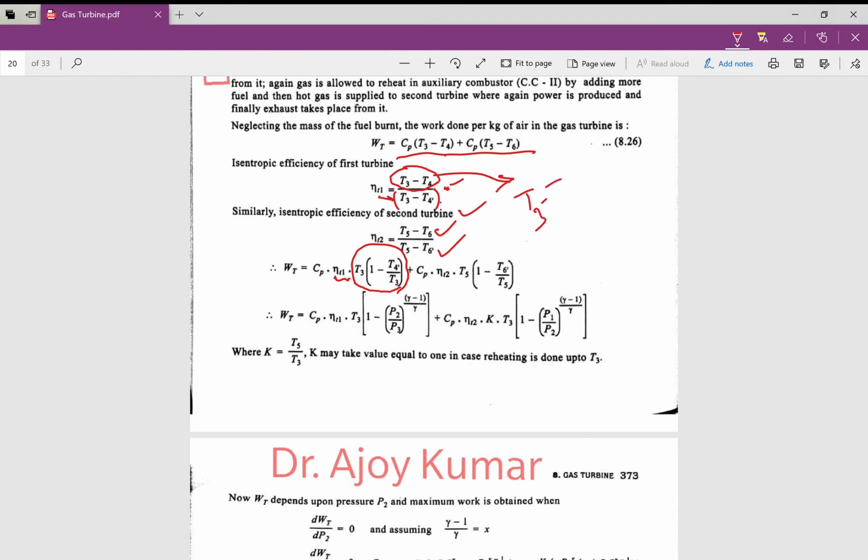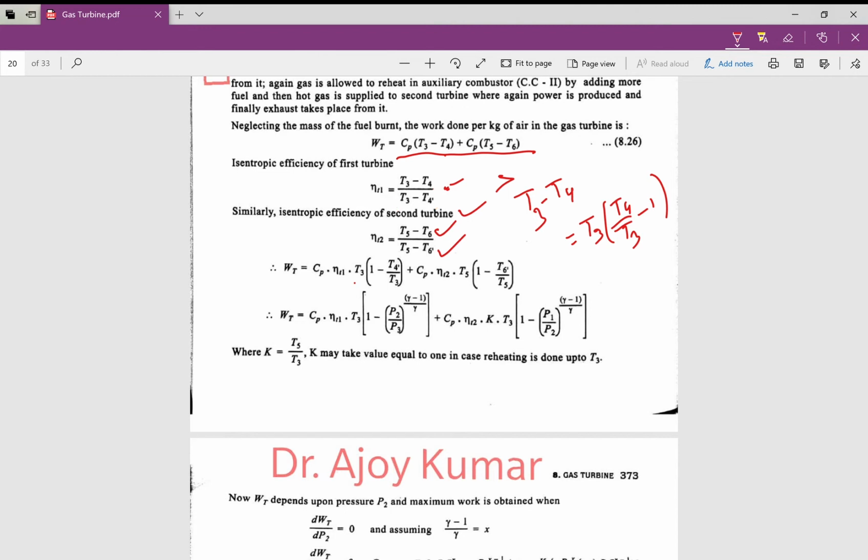T3 minus T4 can we write as T3 (1 minus T4/T3), right? The same thing is written over here. In this case it is T4 dash.